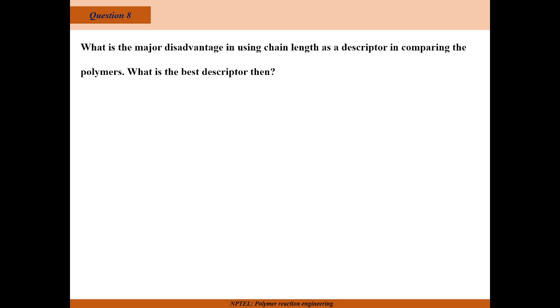Are we looking for PDI, polydispersity index? Or the chain length, when you are referring to the major disadvantage of using chain length as a descriptor in comparing polymers. When we compare polymers, maybe the longer chains and shorter chains.